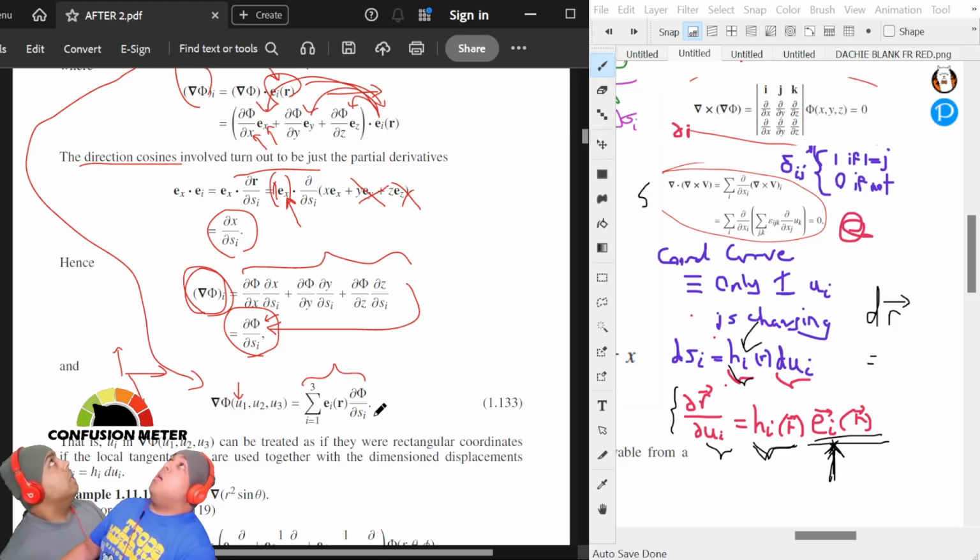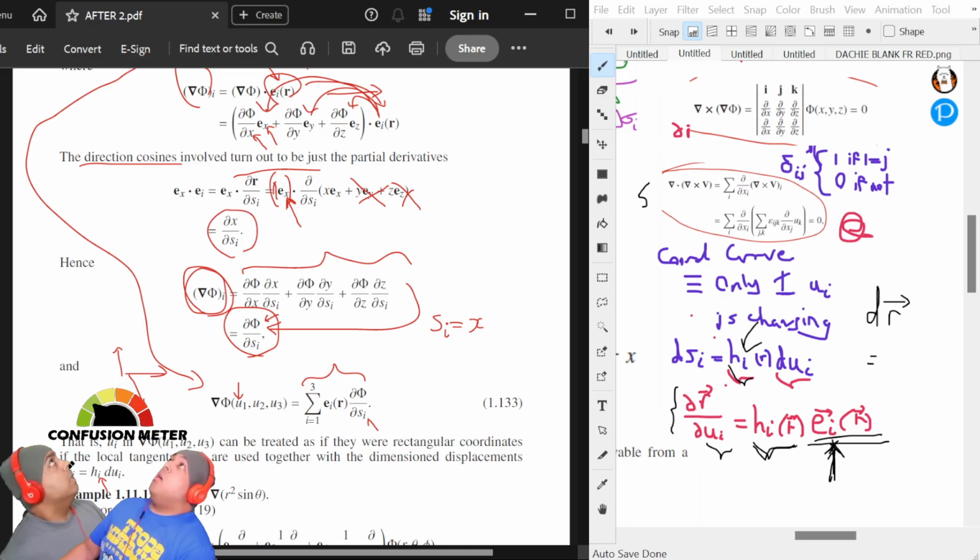Del phi del x, del phi del y, del phi del z. Psi is usually x. Okay, it makes sense. Psi is usually x.